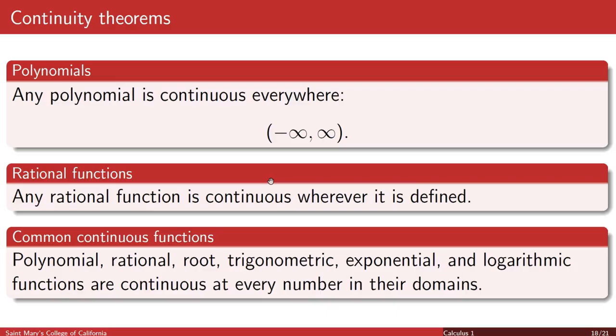Okay, so of course we spent a lot of time looking at where things are discontinuous, but often things are just continuous. For example, if we take a polynomial, 3x squared minus 5x plus 6, it's continuous everywhere. Any number we put in would be continuous. A rational function, like a polynomial over a polynomial, is continuous wherever it's defined. So as long as the denominator is not 0, it's defined.